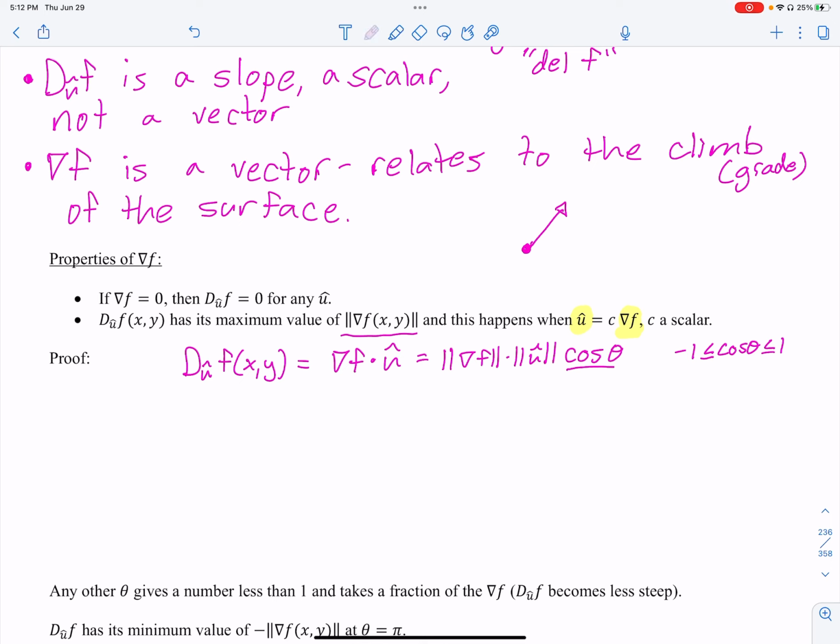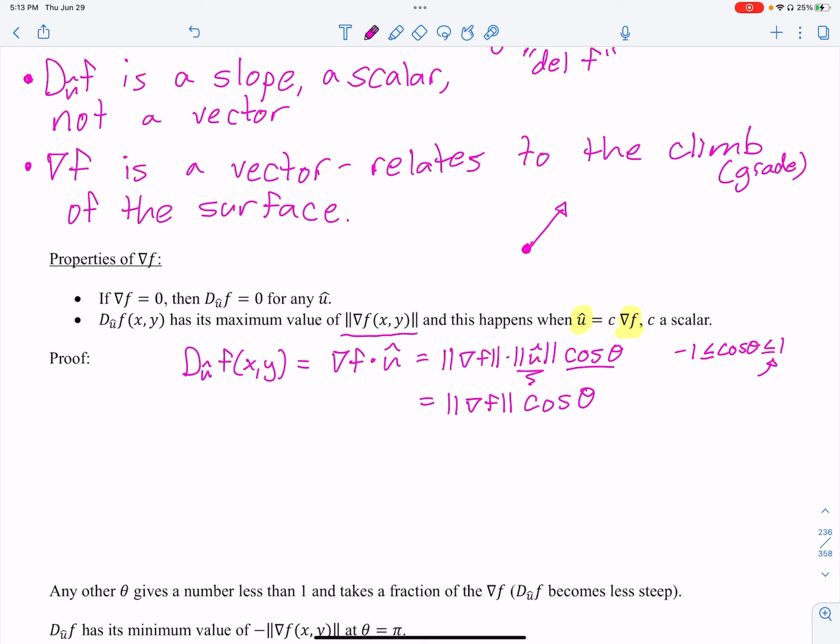Okay, let's think of a couple things. The directional derivative is equal to the magnitude of the unit vector, so that's just a 1, so this is equal to the magnitude of the gradient of f times cosine of theta. Well, the biggest cosine can be is 1, so I'm going to assume that's 1.